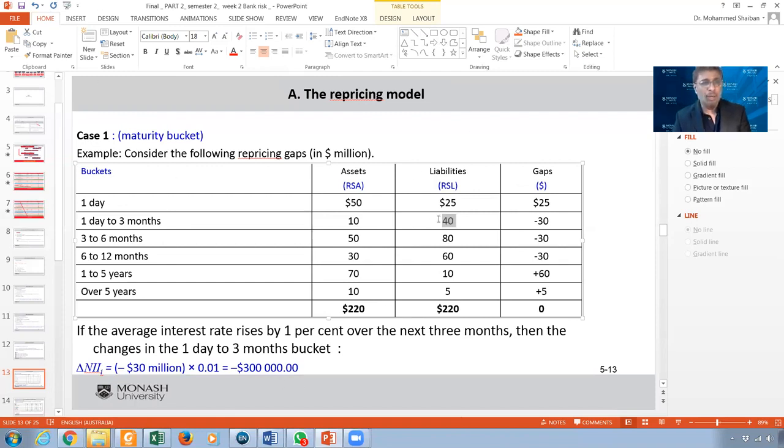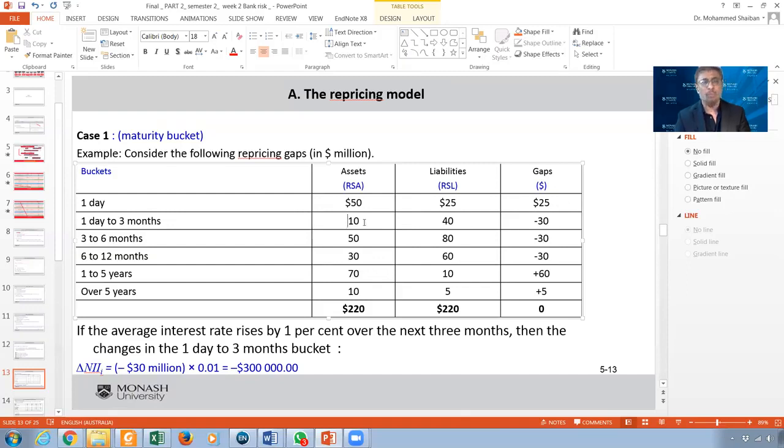Now I have minus 30, so the liabilities are higher than my assets, and I will be subject to what we call refinancing risk, because 40 will leave my liabilities. Maybe they are loans in other buckets or whatever, but 40 will leave.